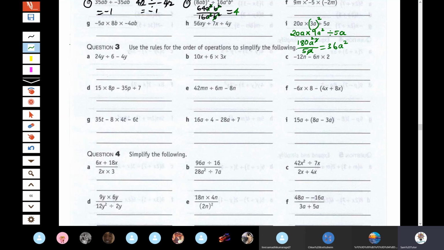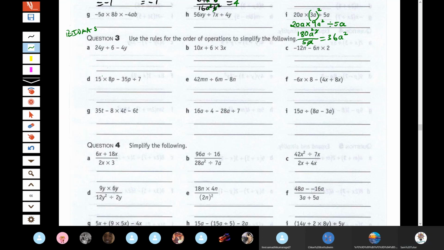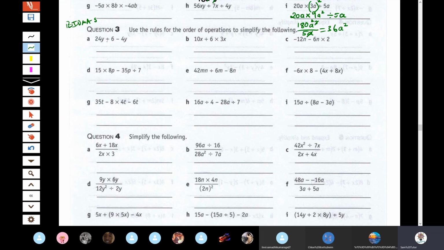Obviously, we know from order of operations, or BIDMAS, we have to do division before subtraction. So 24y divided by 6. 24 divided by 6 is 4y. Or if you wanted to do it like this, you'll still get 4y. Take away 4y.